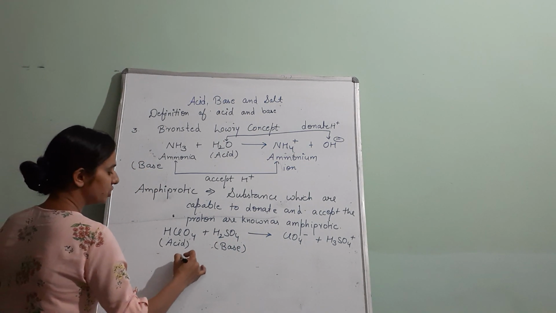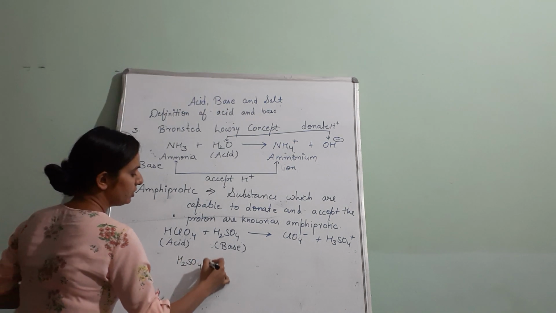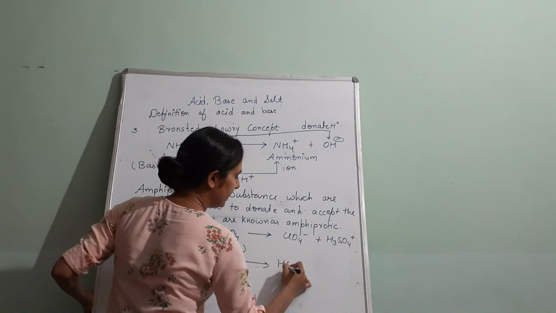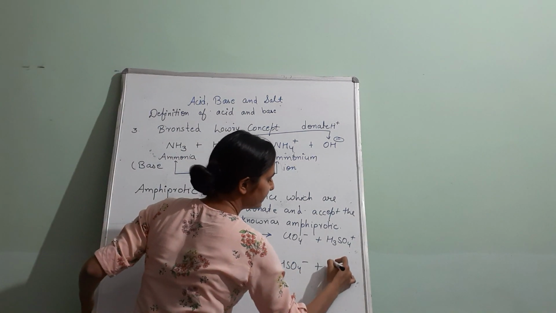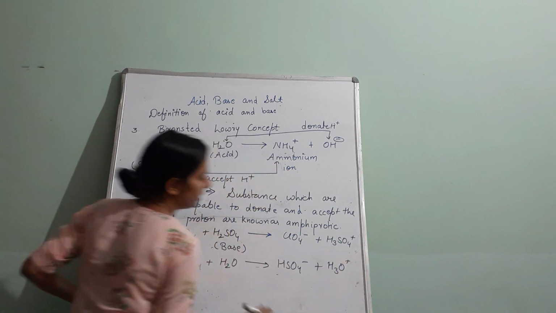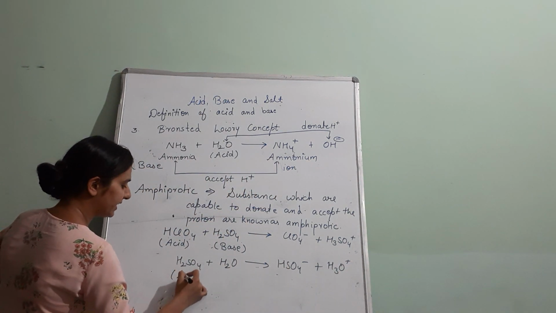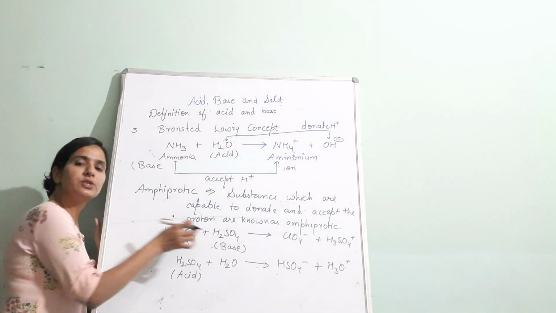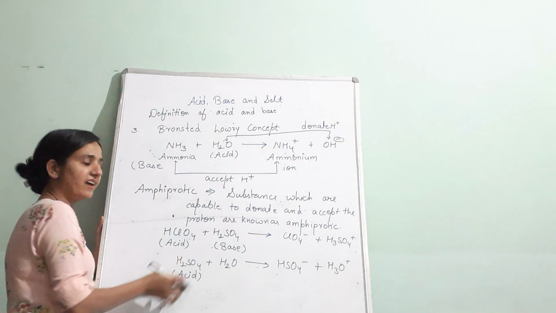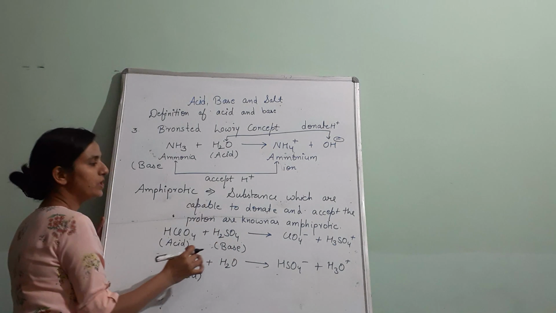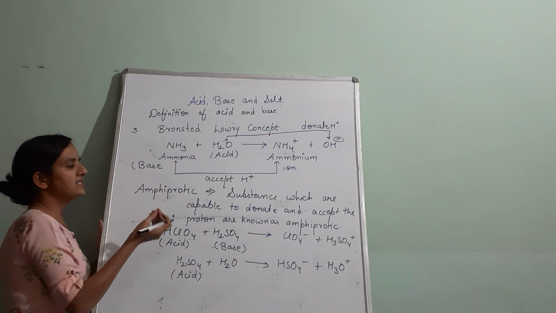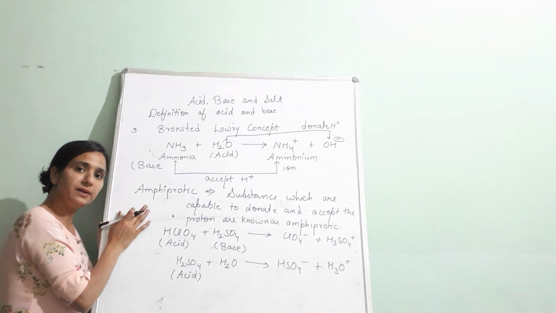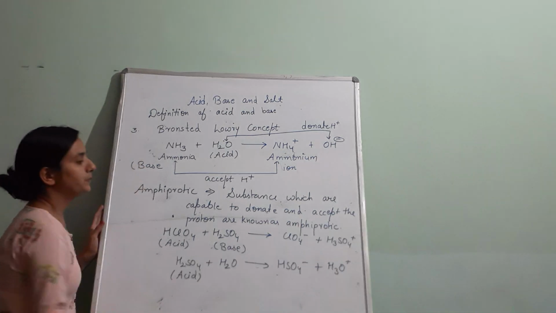And in normal reactions we know that H2SO4 plus water gives HSO4 negative plus H3O positive. In this reaction, H2SO4 acts as acid. So in these two examples, H2SO4 acts as both acid as well as base. So H2SO4 and water are a few examples of amphiprotic compounds. Clear? Note it down.